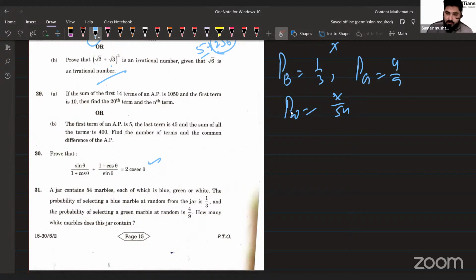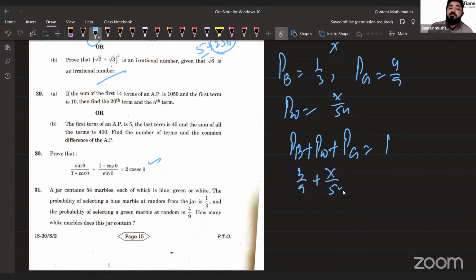So what to do in this case? We know the probability of blue plus the probability of white plus the probability of green is equal to 1. Isn't this the overall probability? 1 by 3, I can write as 3 by 9, plus x by 54, plus 4 by 9 is equal to 1.